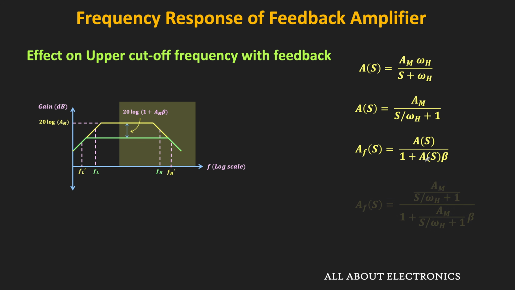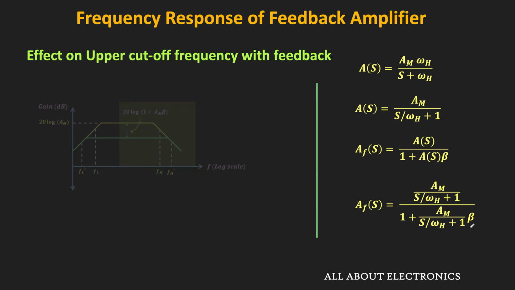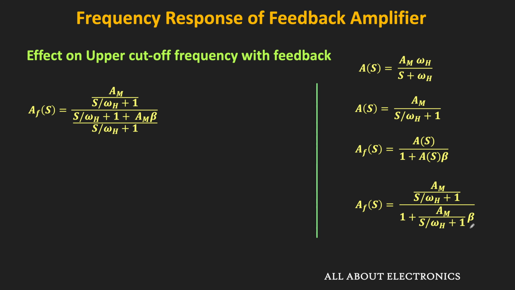If we put the value, then this expression can be written like this: AM divided by (s divided by omega h plus 1), divided by 1 plus AM divided by (s divided by omega h plus 1) times beta. Now, if we further rearrange the same expression, the s divided by omega h plus 1 will get cancelled out over here.